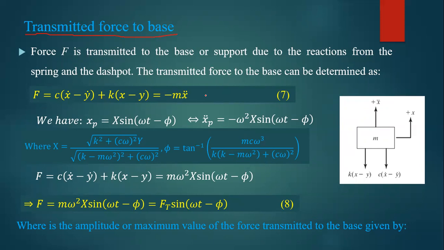So we have x particular, which is x sine omega t minus phi, because we already derived these things, and x double dot particular, which is equal to minus omega square x sine omega t minus phi. So we can substitute this equation into here. When we substitute, we get this equation, m omega square x sine omega t minus phi.